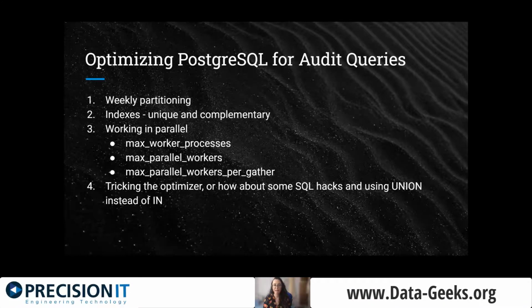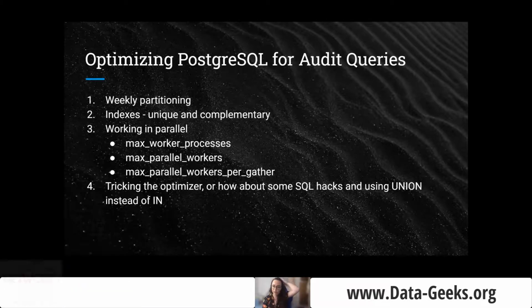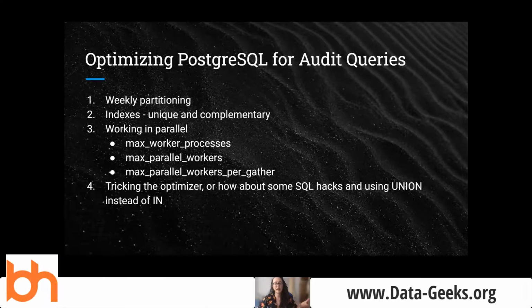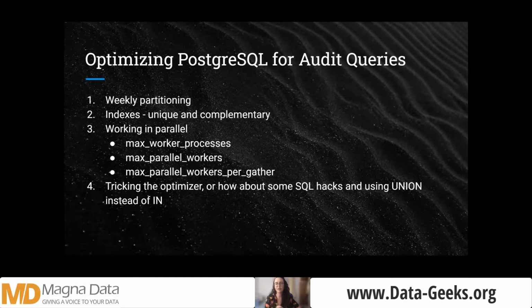And last but not least is, of course, tweaking the optimizer. So I know that we all think that the optimizer for the database that we use is the best, and we'll just give it any query and it'll do its magic. But sometimes tricking the optimizer and just doing the exact opposite is apparently the best thing to do. And a quick, really quick example is if you're using IN as a predicate and it has some strings inside, let's say 3 values inside.